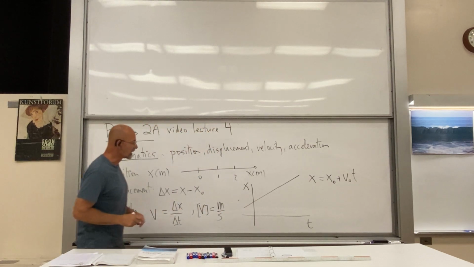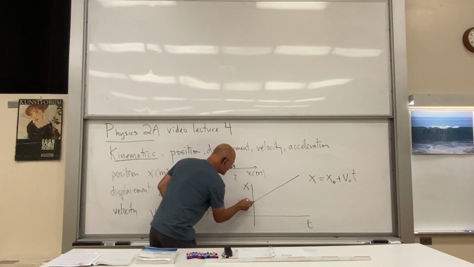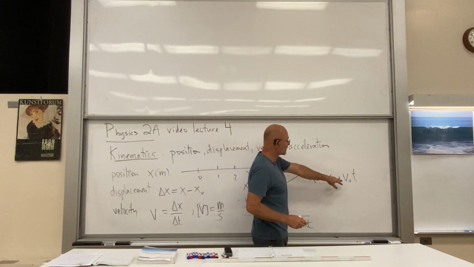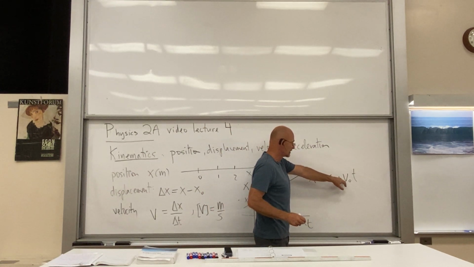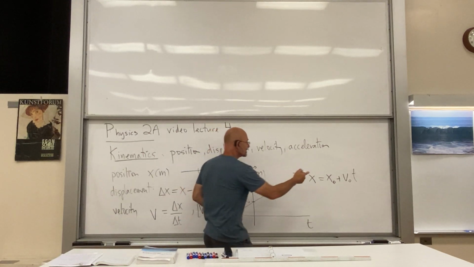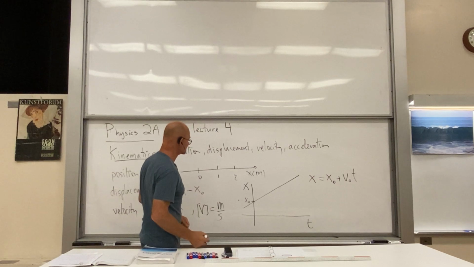So you're graphing, and the intercept is your x0, and the slope is your v0. So we're indicating that it's constant. We have a constant slope. And t here is your independent variable. You're on the horizontal axis.